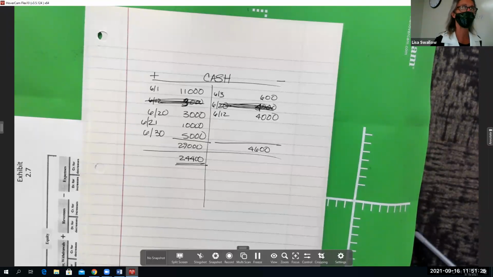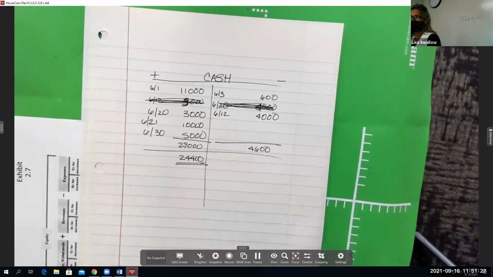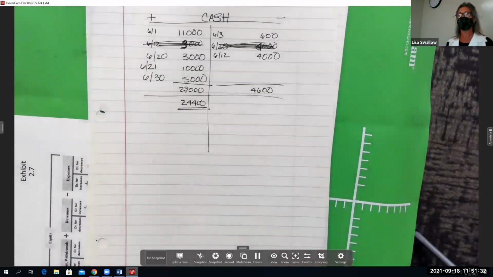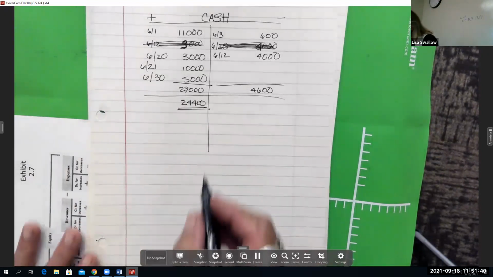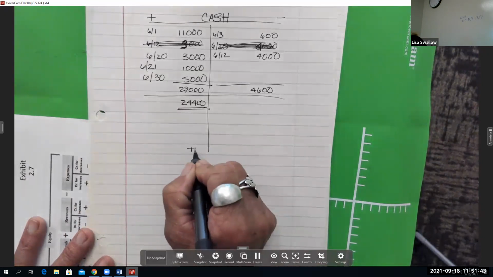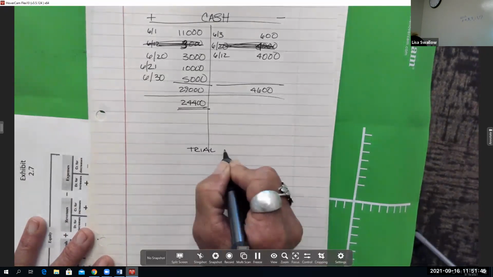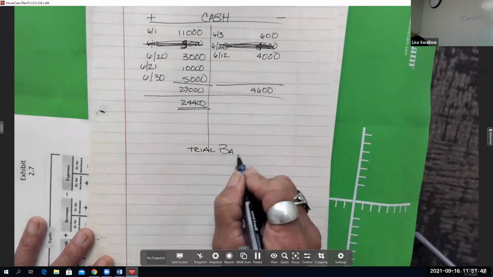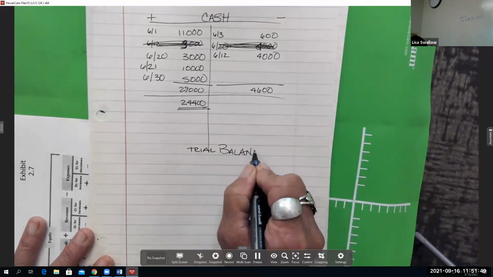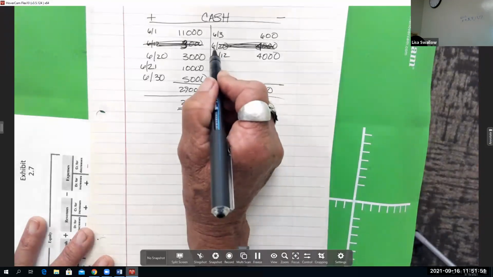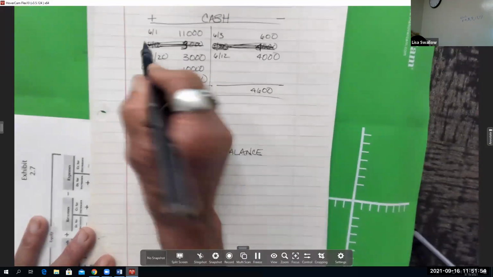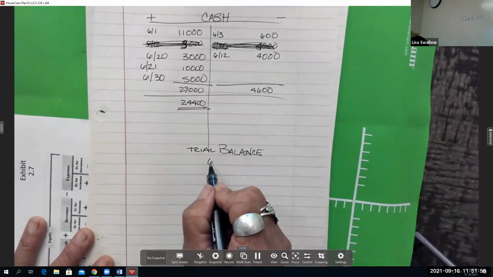Running a trial balance. This is not a financial statement, it's a tool, but we know that we start everything out with a heading that has how many lines to it? 3. Okay, so let's set up our trial balance. So I started taking all of my accounts and separating them out.